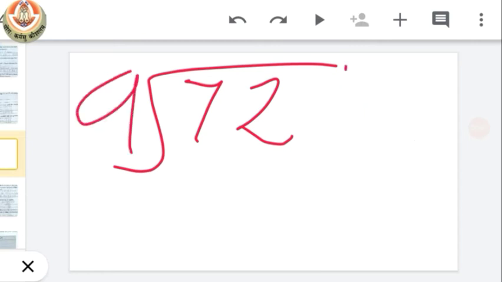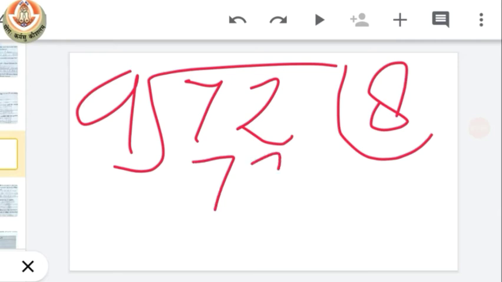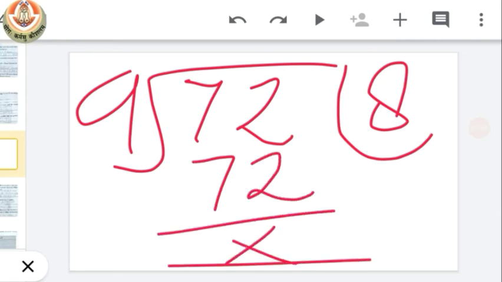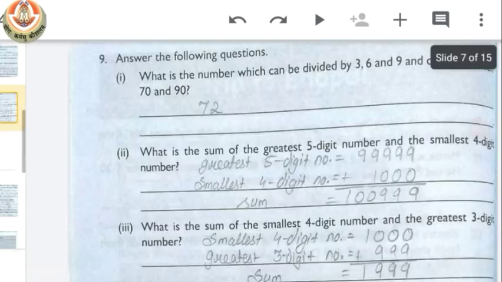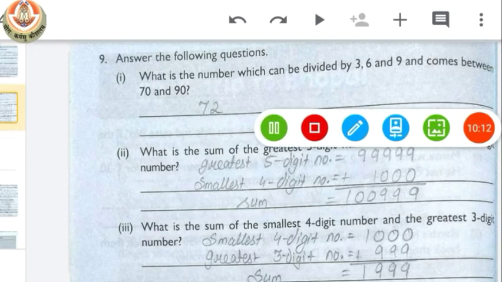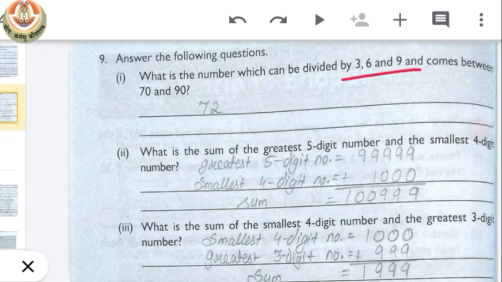When we check for 9, it comes 8 times, and when 9 multiplies with 8, we get 72. So that means 72 is the number which is divisible by 3, 6 and 9 and comes between 70 and 90. So the answer is 72.